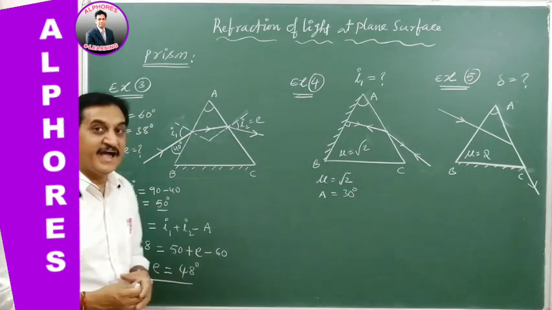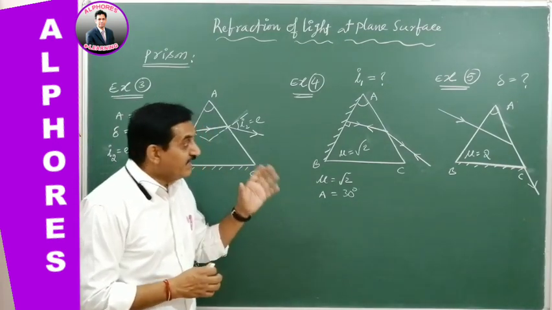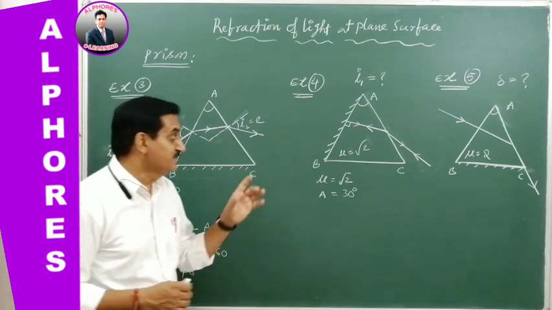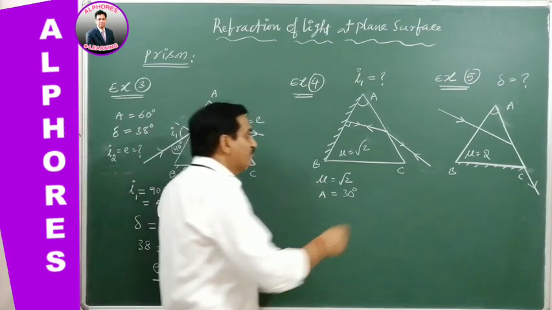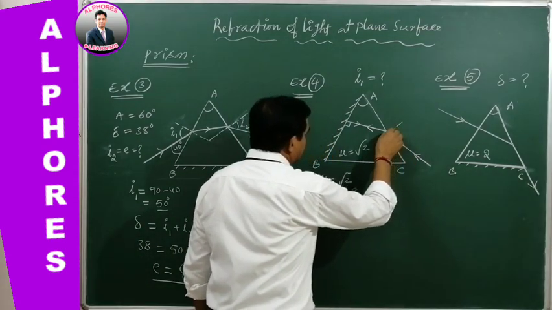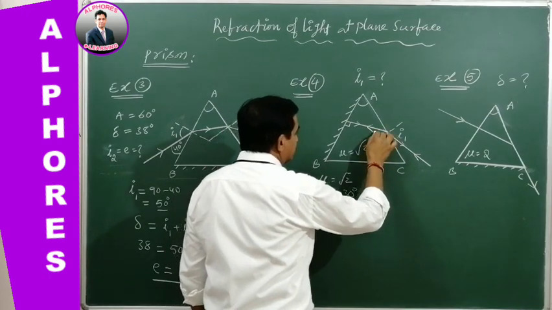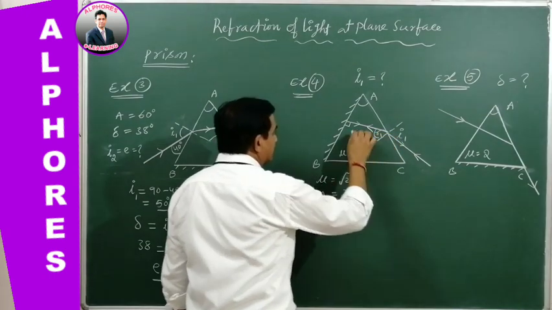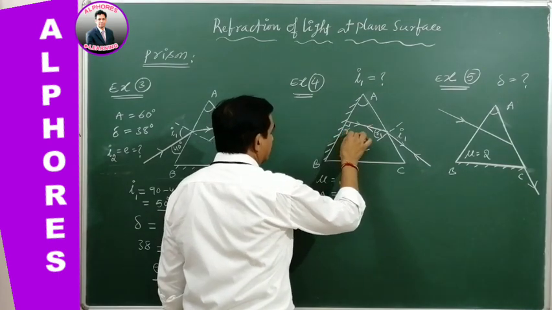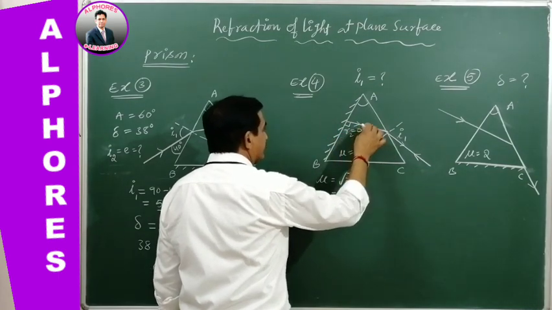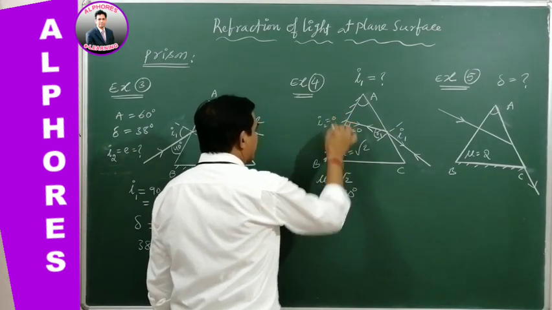Then what will be the angle of incidence at the first refracting surface AC, when the second one is silvered? The angle of incidence is I1, and here we have R1 and R2. R2 is 0 because the ray is incident along the normal, so I2 is also 0.